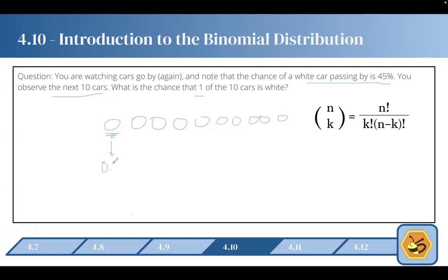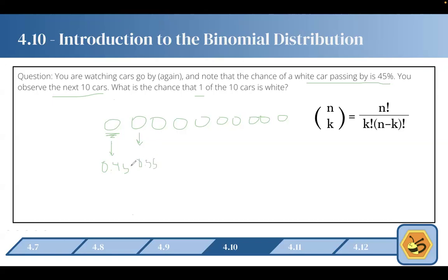This car wasn't white, so what was the percent chance that this car was not white? 55, right? It's just the complement, 1 minus 0.45. So this then has a 0.55 chance.